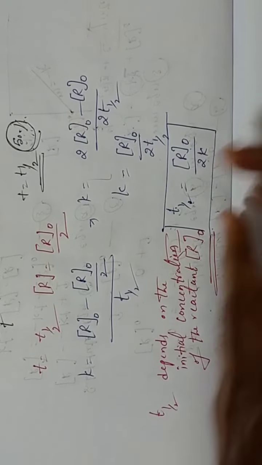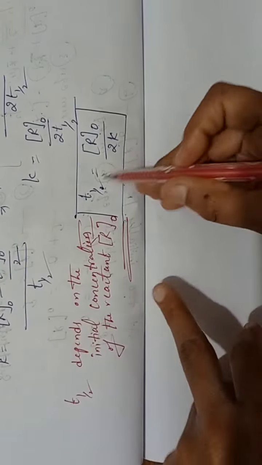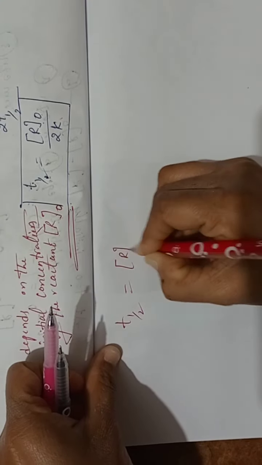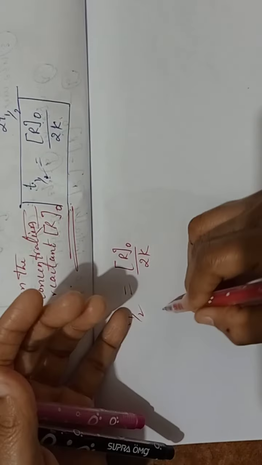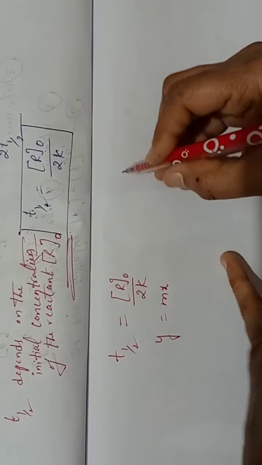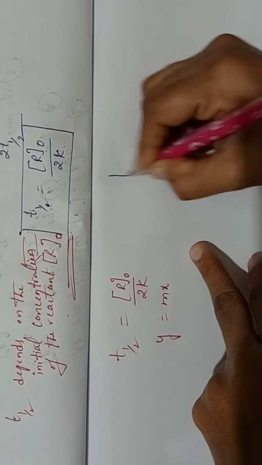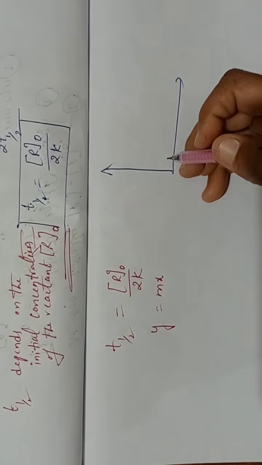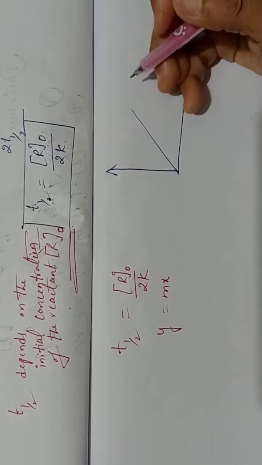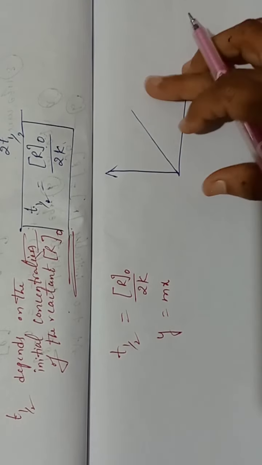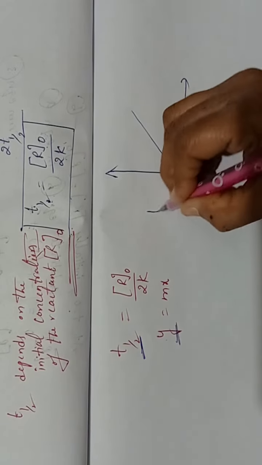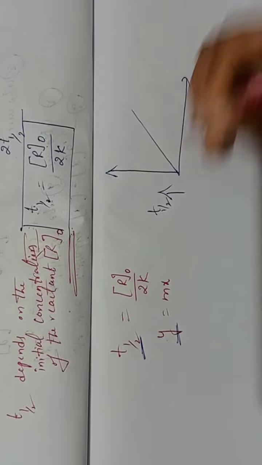Now I am going to discuss the graph. See, students, T half is equal to R naught by 2K. Now it is in the form of y is equal to mx. The y is equal to mx graph passes through the origin, correct? Along the y-axis I am taking T half.